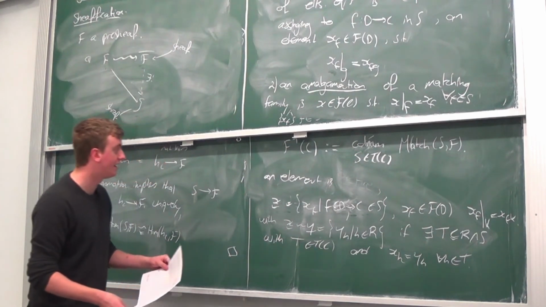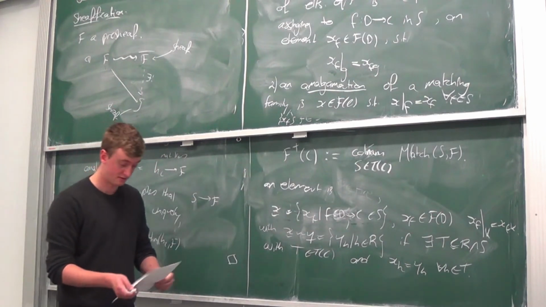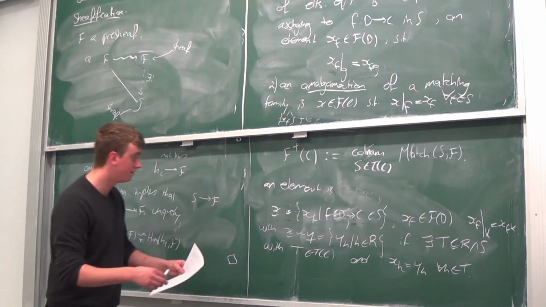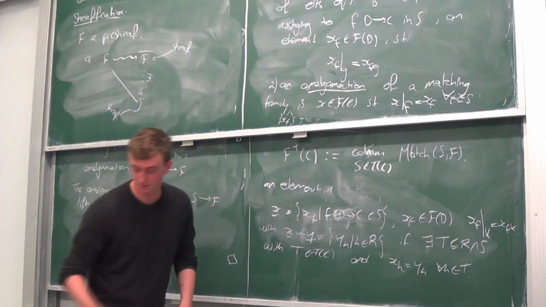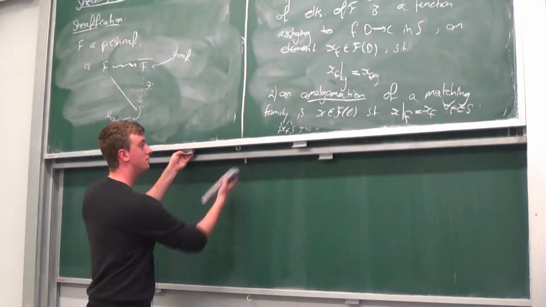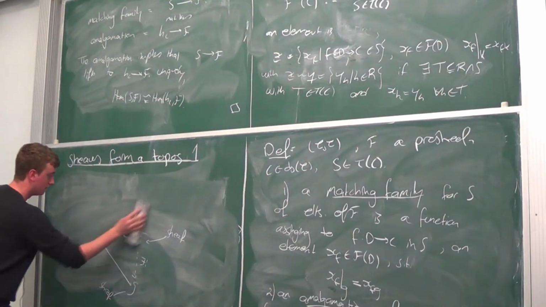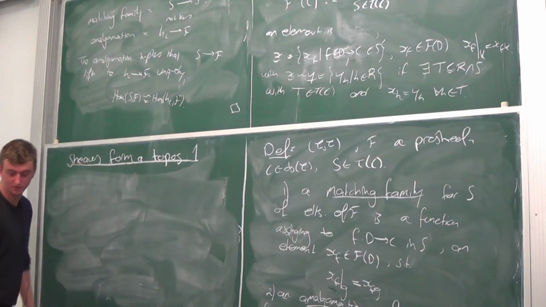Now it's not hard to check that F plus is actually going to be a presheaf. At this stage we only have a function taking objects of C to a set.